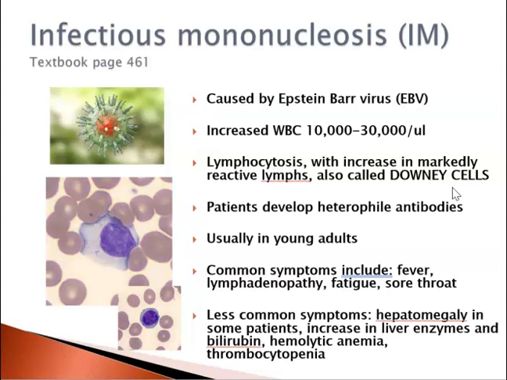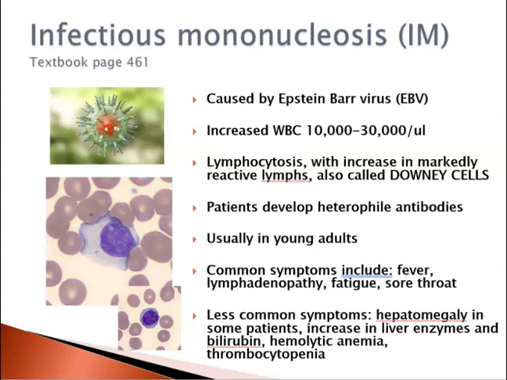Now, in infectious mononucleosis, patients can develop heterophile antibodies. So what does heterophile mean in this instance? It means that those antibodies can start having affinity or love for antigens other than their specific antigen. Remember, we learned that antigens and antibodies are kind of like a lock and key system.